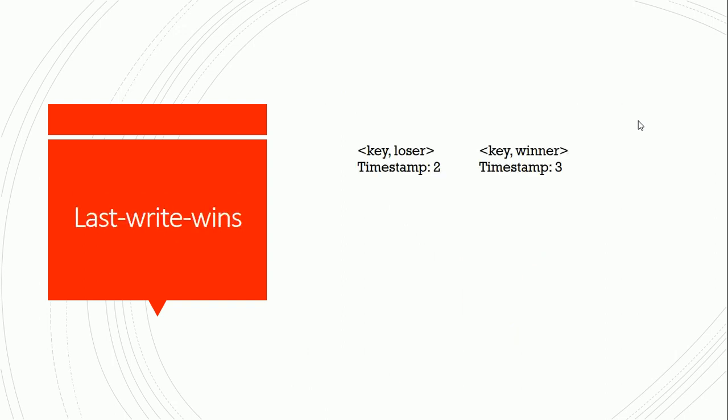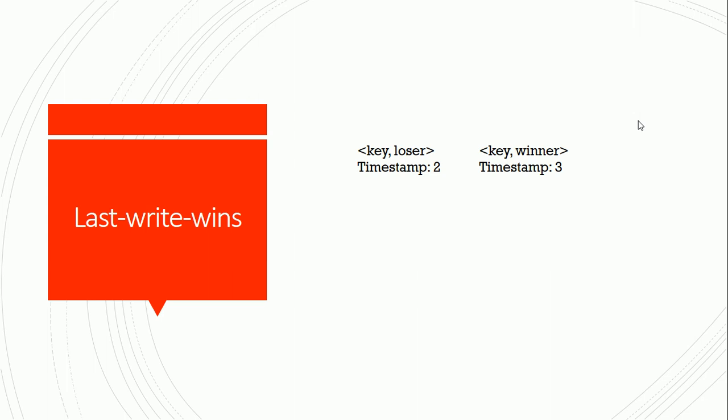To converge different versions for the same key, we use the last writer wins policy. In this policy we define a recency for versions. We define when a version is more recent than the other version, and then we provide the most recent version.